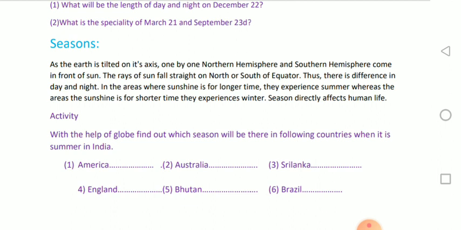In the areas where the sunshine is for longer time, they experience summer, where the sunshine is for shorter time, they experience winter. I told you already, seasons directly affect human life.